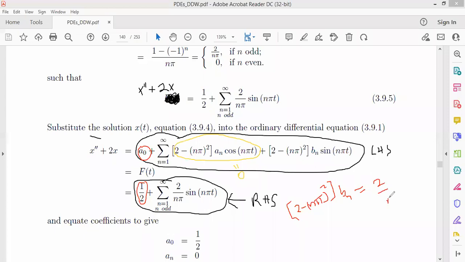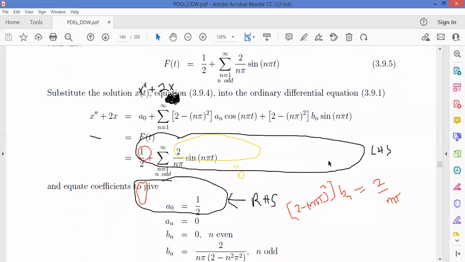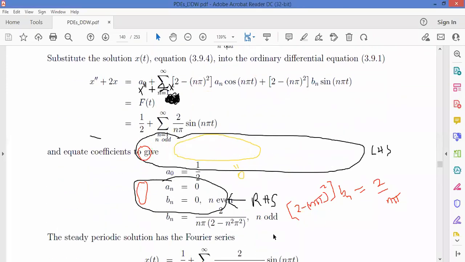Make bn the subject, it gives you that term we saw down there, which was 2 over n pi into 2 minus n squared pi squared. And that is this term here. I hope we are clear there.